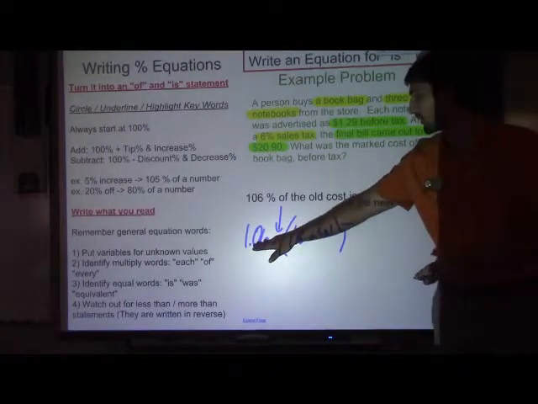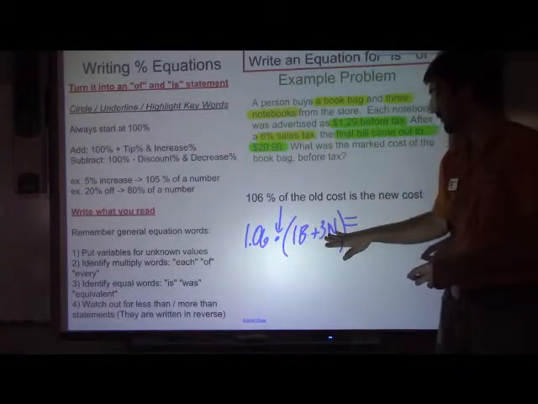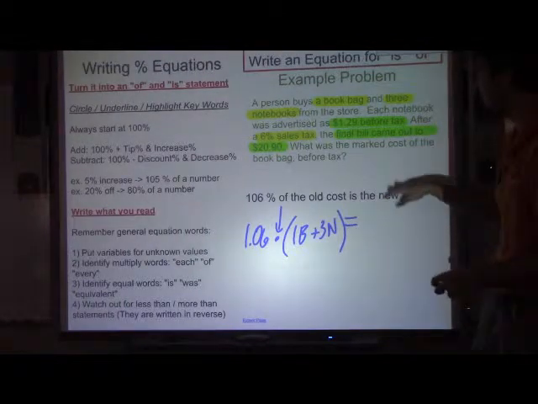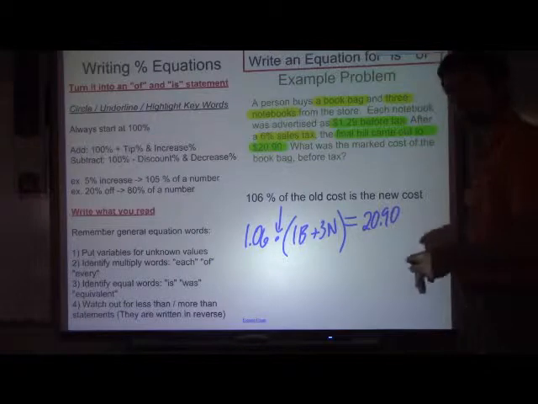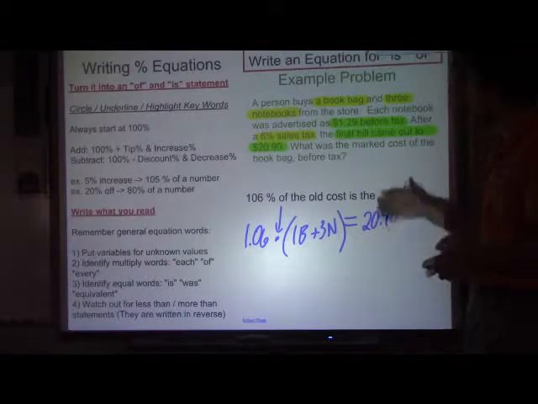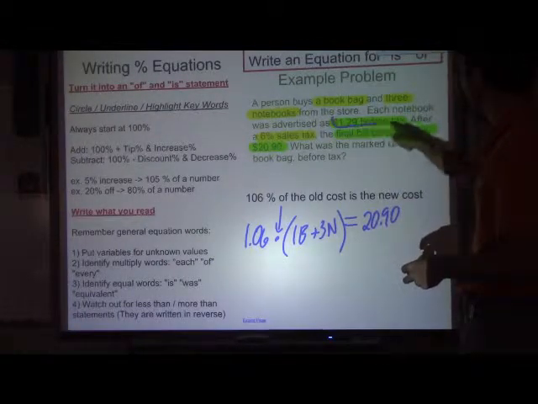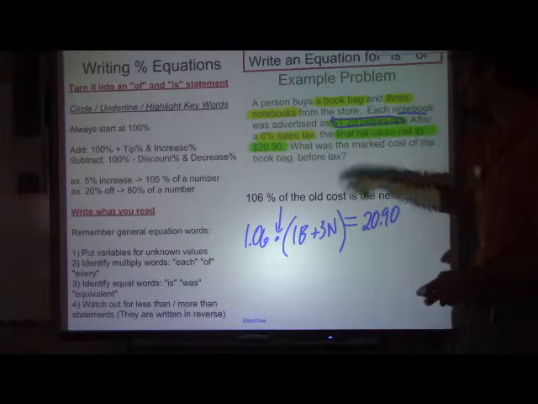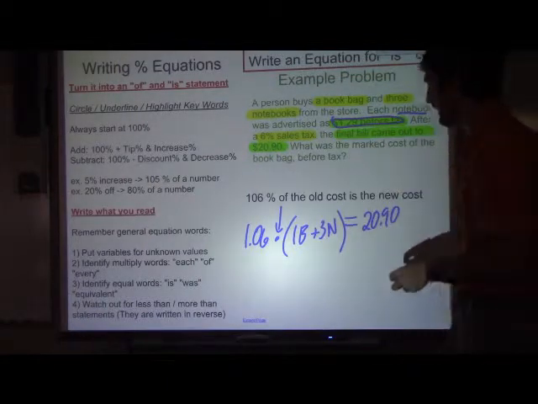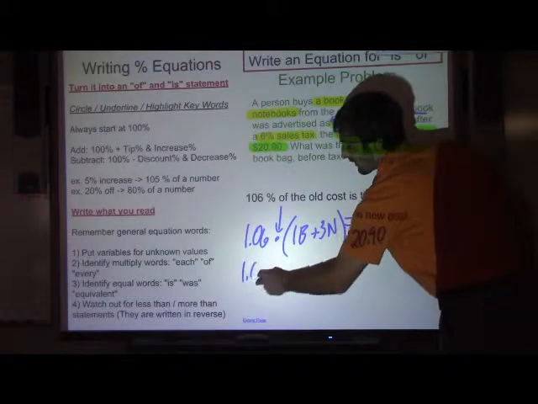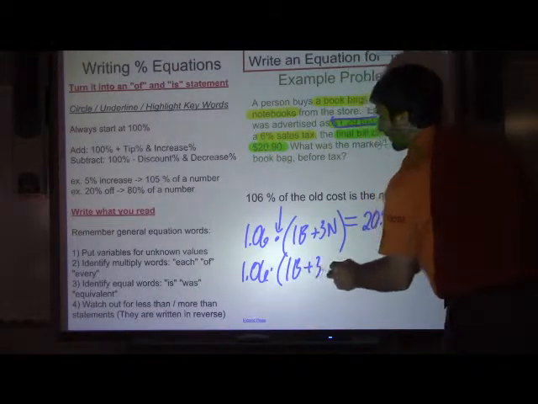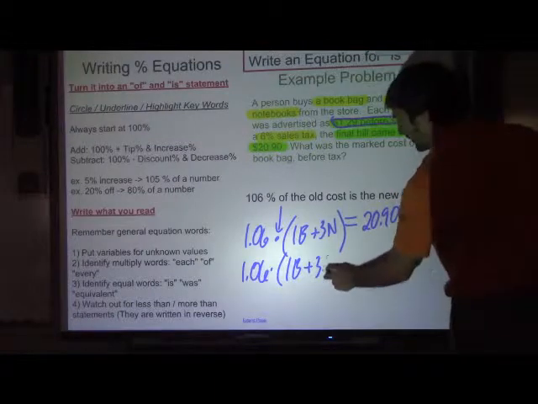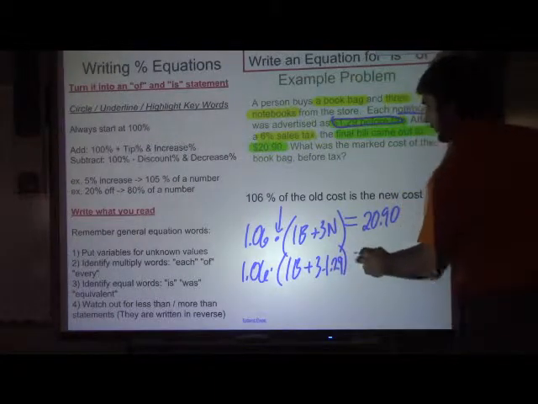So we got 1.06 times 1 book bag plus 3 notebooks equals the new cost, which was $20.90. We know the price of the notebooks was $1.29, so you could say this is 1.06 times 1 book bag plus 3 times 1.29 equals $20.90.